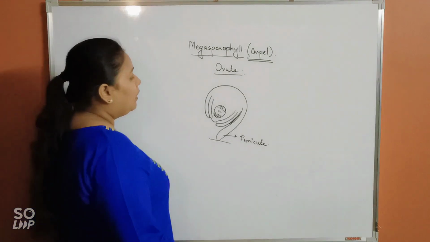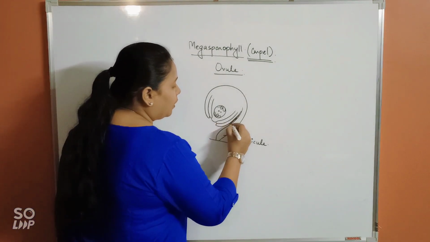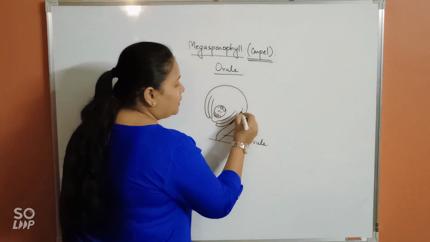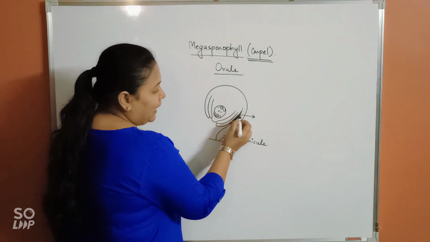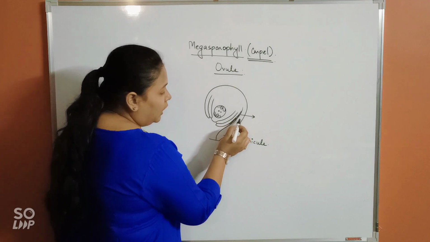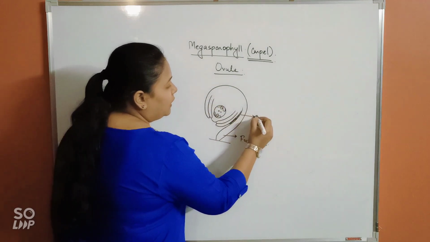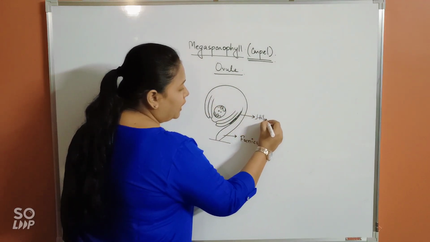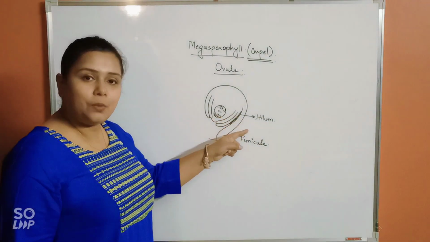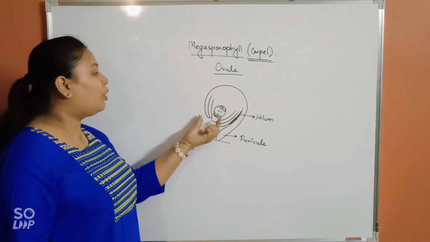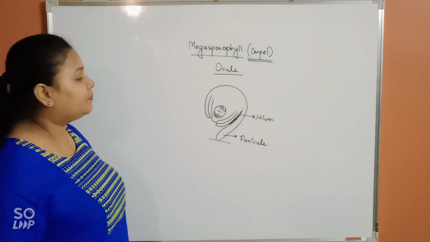Alright? Now, next you can see this joining. The attachment point of the funicle and the body of the ovule is called hilum. Right?